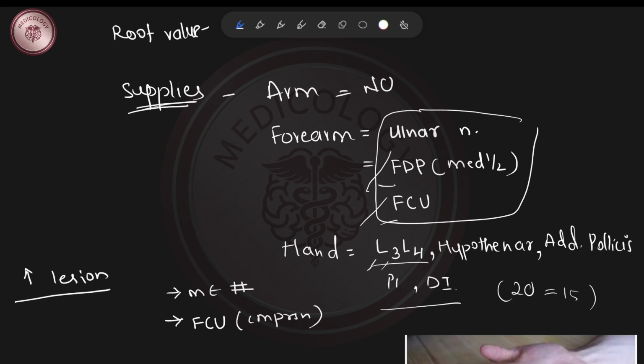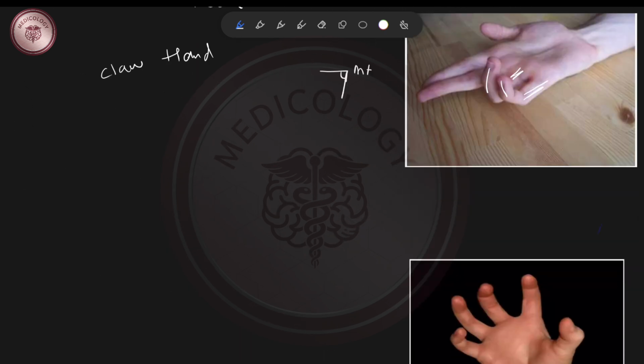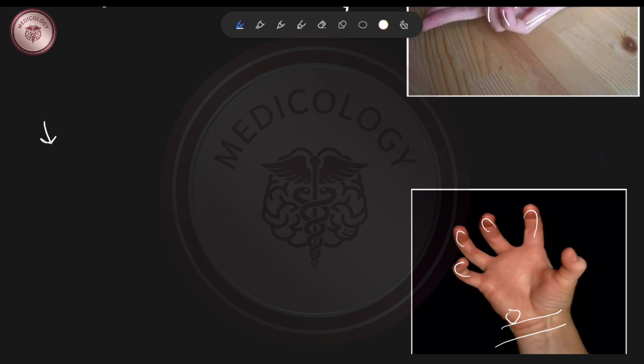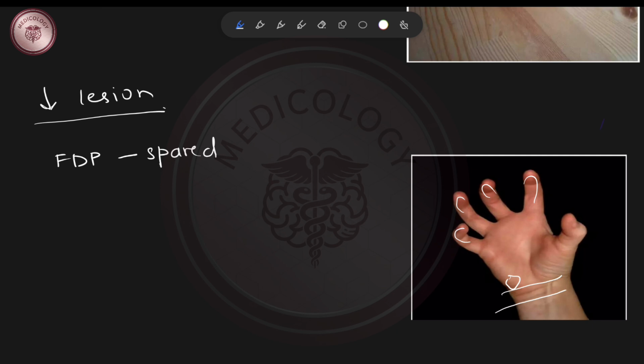These two muscles are spared, and because of that, FDP is spared. So that's why here more claw hand is seen. So at the lower lesion, FDP is spared. Because of that, you can see more clawing.